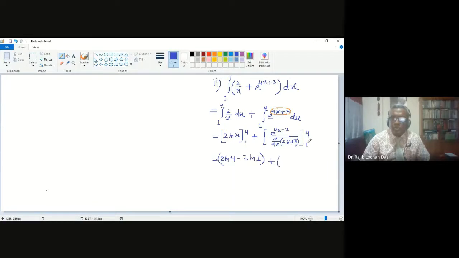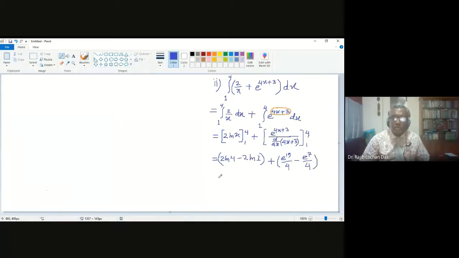Put the value of x as 4 first. So what is the first thing? e to the power 19, right? 4 into 4, 16, and then plus 3, so 19. So e to the power 19 divided by 4, and then minus e to the power 7 divided by 4. So this is the second part.